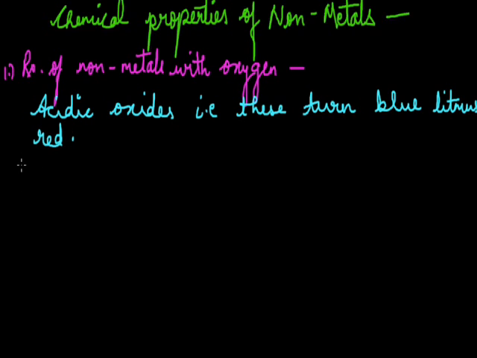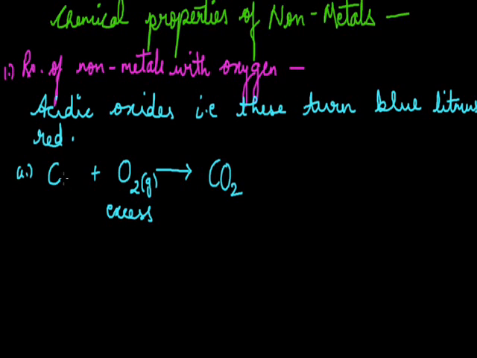The first example is the case of carbon. When carbon reacts with oxygen, and the oxygen is present in large amount, it will form carbon dioxide. Oxygen is a gas and carbon is solid.